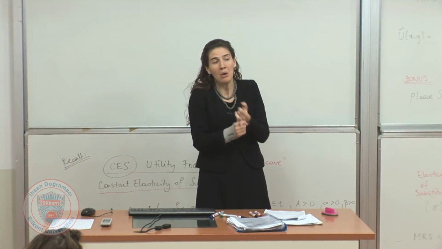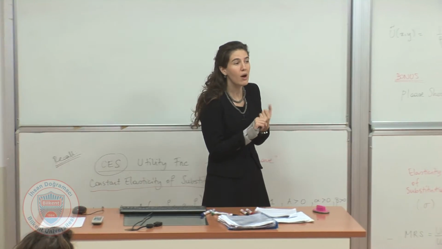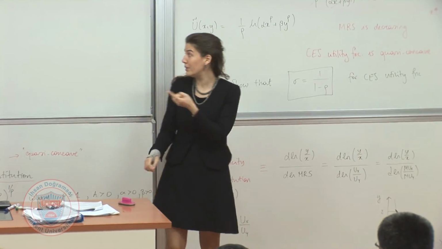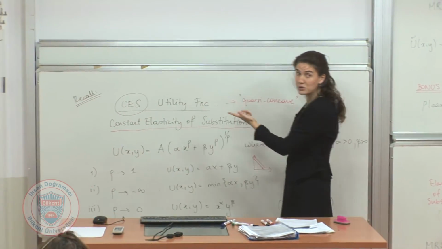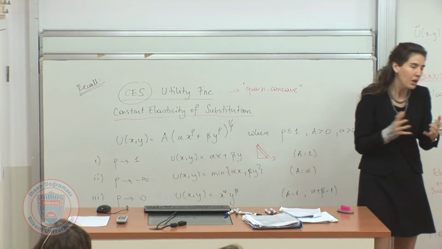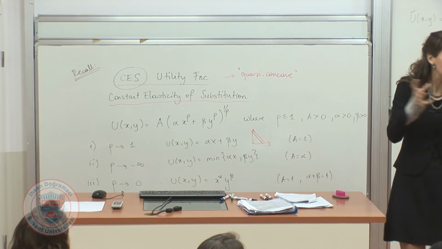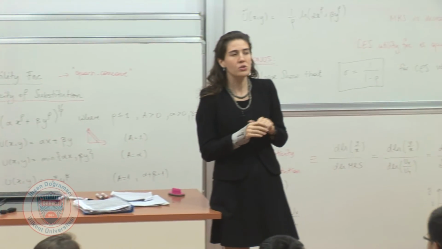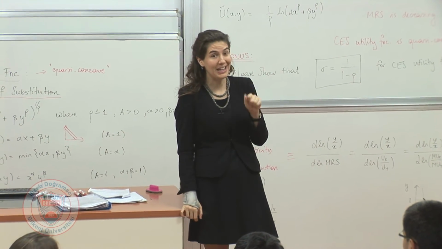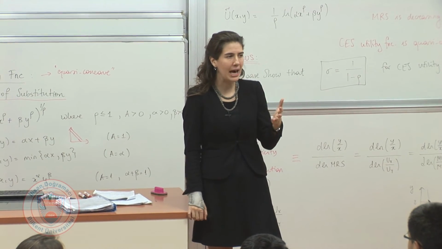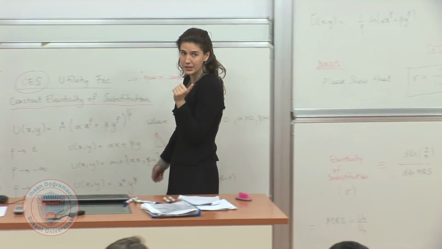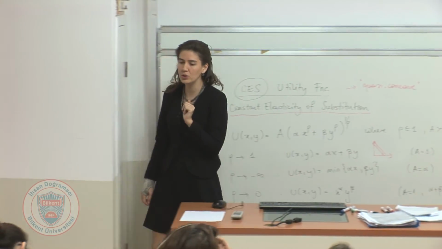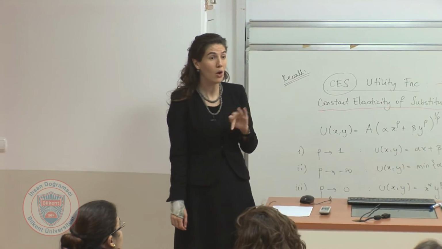One of them was that the utility function could be quasi-concave. Or we said that the utility function could be of this form, so it could have a special form. These are all different types. Another property that a utility function might have is that it could be homogeneous, or it could be, as we'll see, homothetic.